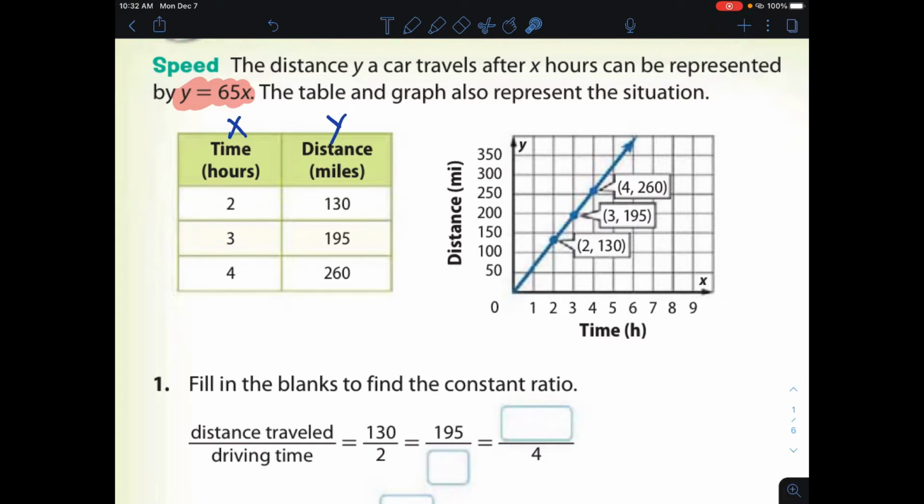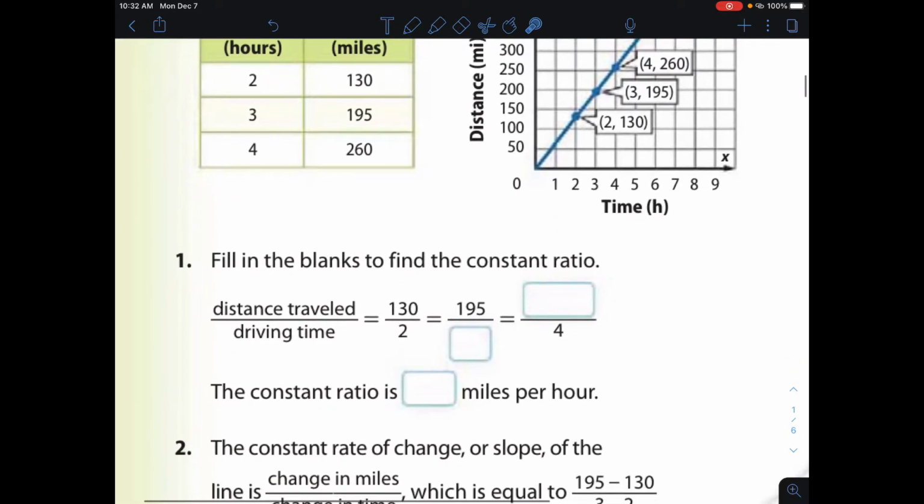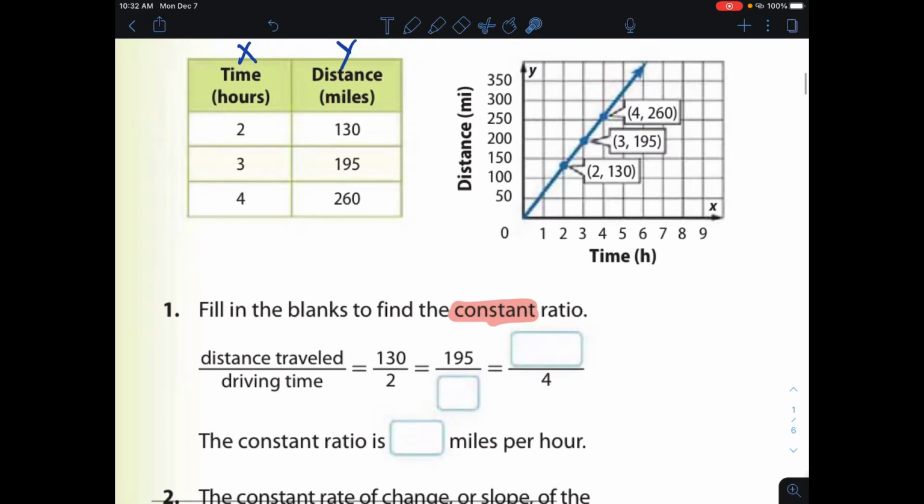Okay, so fill in the blanks to find the constant ratio. Constant ratio simply means that you have the same ratio. Remember, the word constant means same. So for distance traveled, we'll look at the first ordered pair, 2 and 130.